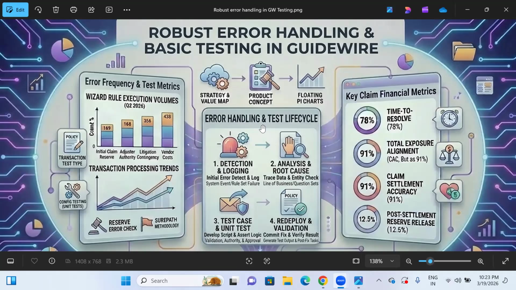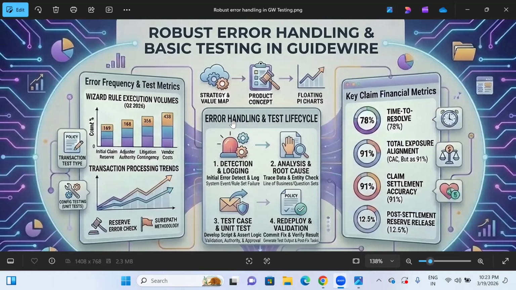Third one, about the unit test cases as well as unit testing, right? So where we have to develop scripts, at the same time we have to set the logic commits, which is to be verified, right? So validated authority, everything will be part of test case and unit testing.